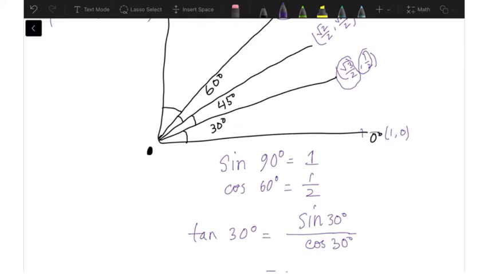So you basically just put them here, 1/2 and square root of 3 over 2, and then the 2's are going to cancel out. You're going to be left with 1 over root 3. Yep, 1 over root 3. So that's how you can do it.